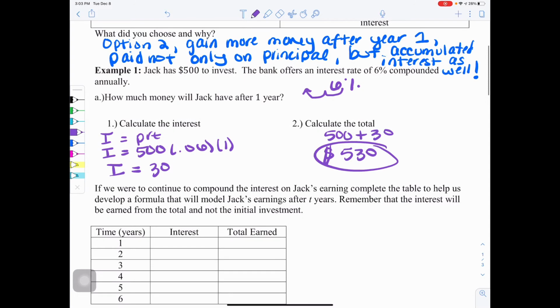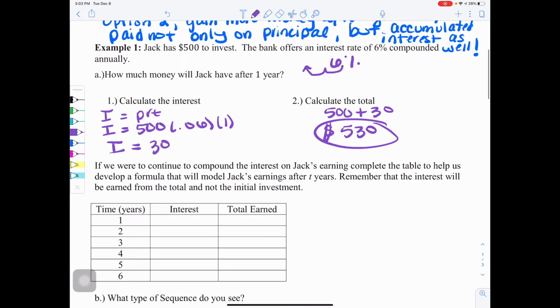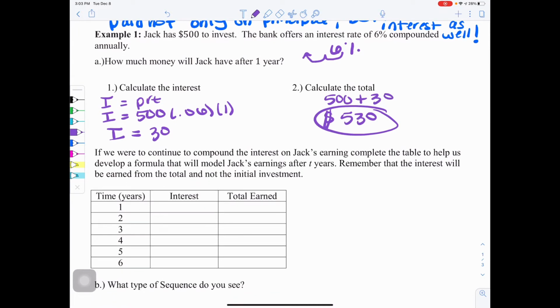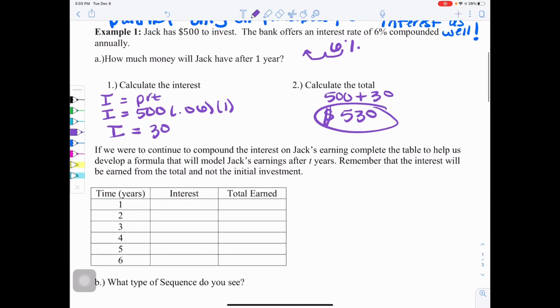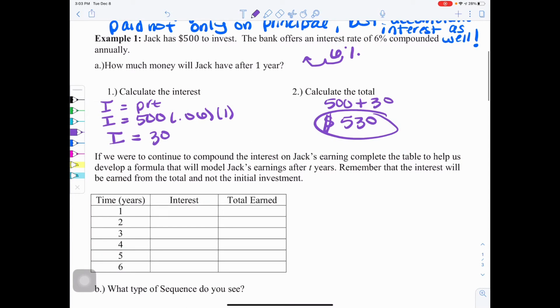Now this time with compounded, we have to look at our table a little differently than we did the year before. It says up here, compounded annually. That phrase implies that we are going to be making interest payments off of the year's total, including the interest that's already been accumulated.